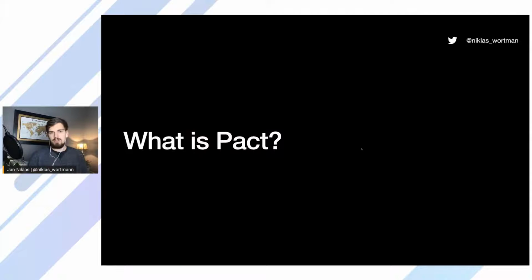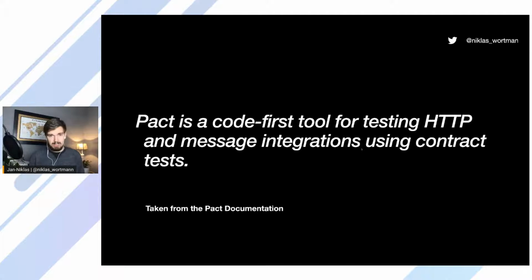Okay, so much about consumer-driven contract testing. Let's talk about Pact now. And I'm lazy. I think if you watched any other talks of mine so far, we should have established this. I looked up a definition of Pact in the documentation, and there it's written: Pact is a code-first tool for testing HTTP and message integrations using contract tests.